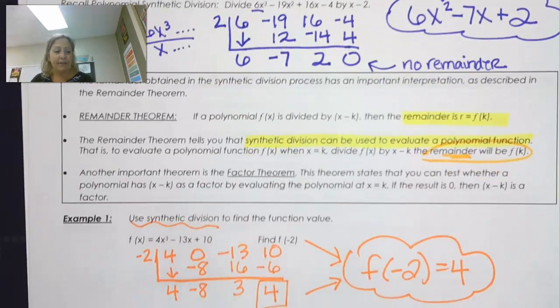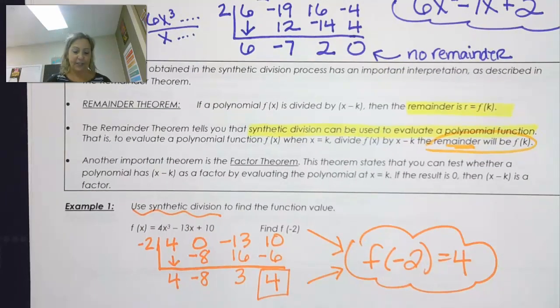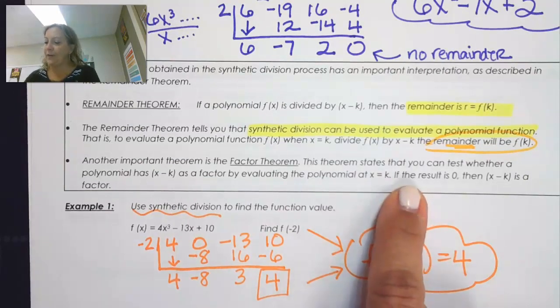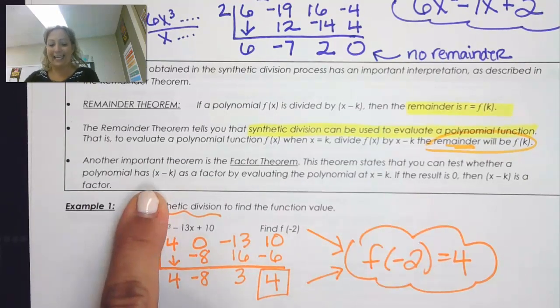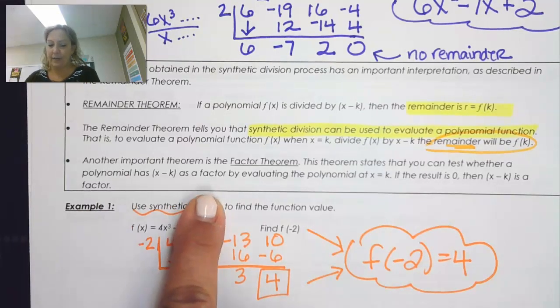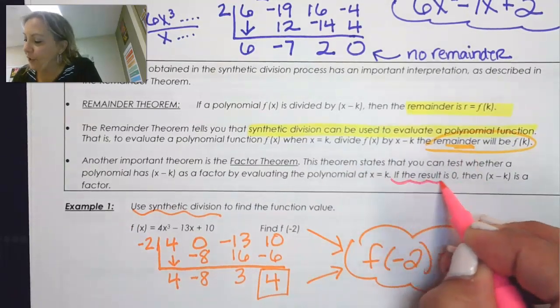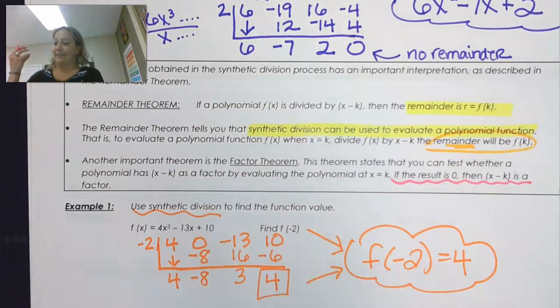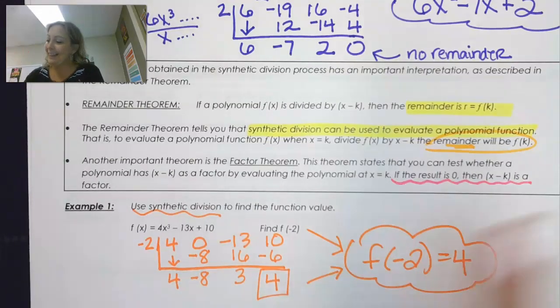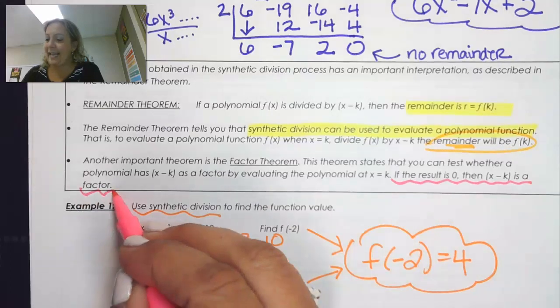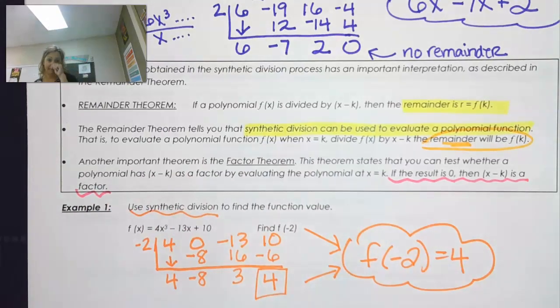Another important theorem is the factor theorem. This factor theorem says that you can test whether a polynomial has x minus k as a factor by evaluating the polynomial at f of k. If your result is 0, which means you get a remainder of 0, then x minus k is a factor.